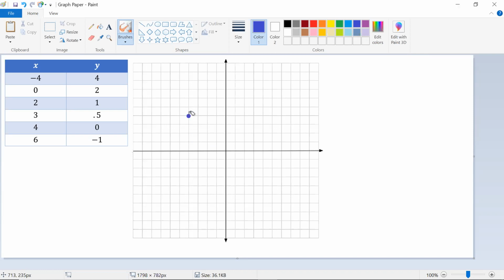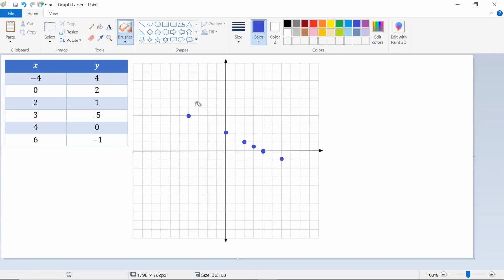And I get a point right there, negative 4, positive 4. 0, 2 gives me this point here. 2, 1 gives me this point here. 3, 0.5 gives me this point here. 4, 0 gives me a point here, roughly. And then 6, negative 1 gives me a point right there.